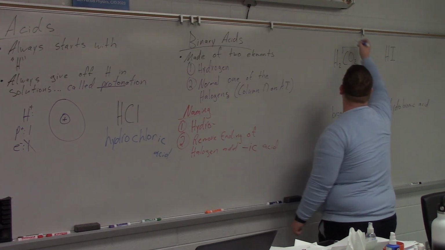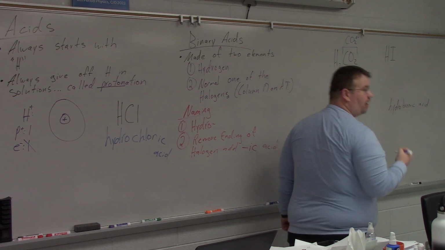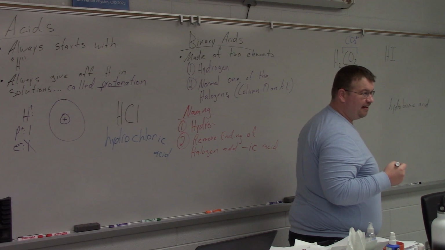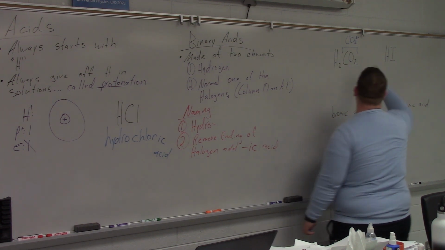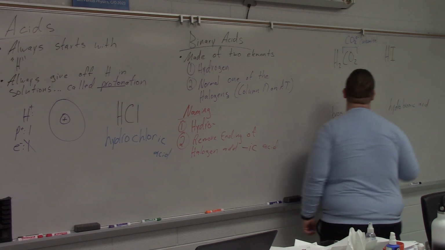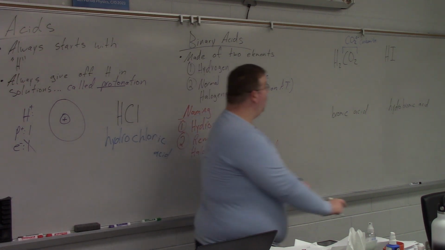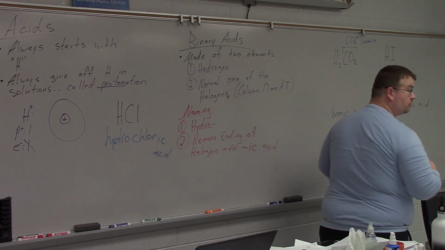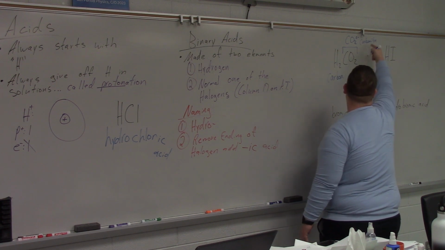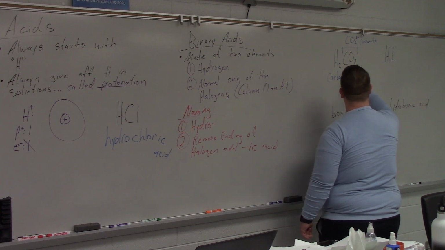There are 2 hydrogens, which tells me this was CO2 2 minus. What is that polyatomic ion? Carbonite. One less oxygen than carbonate. So, use the rules. Ite goes to ous acid. So carbonous acid.